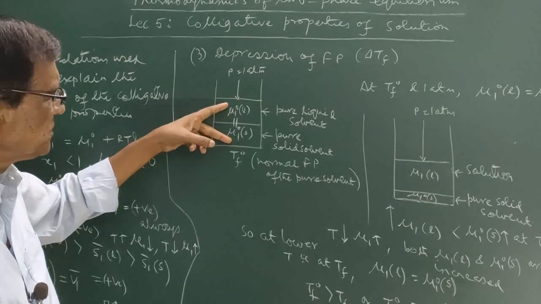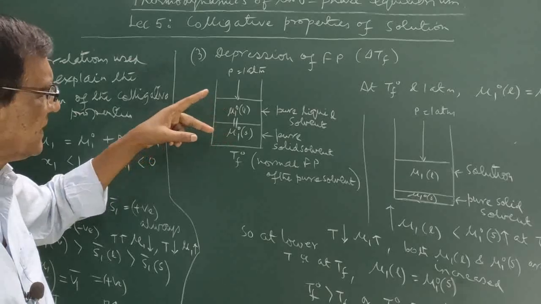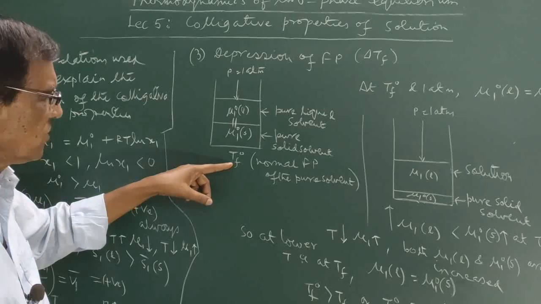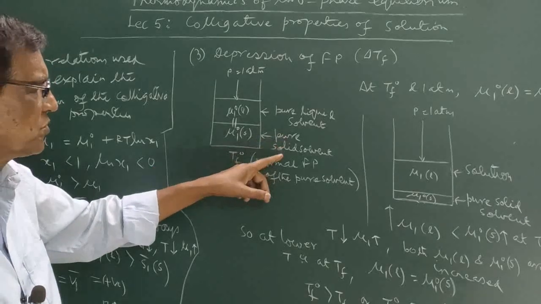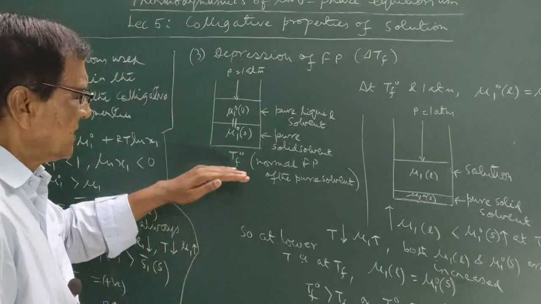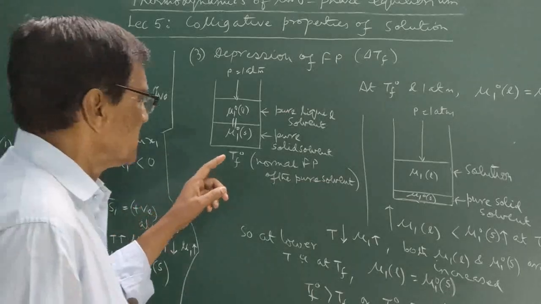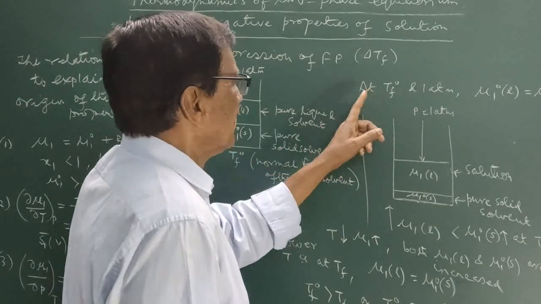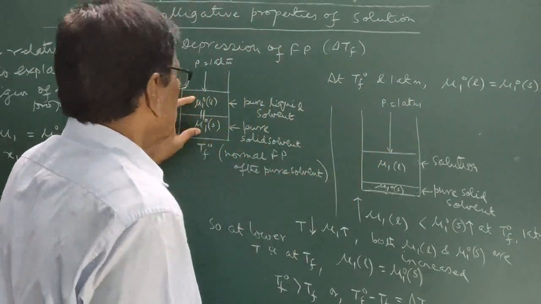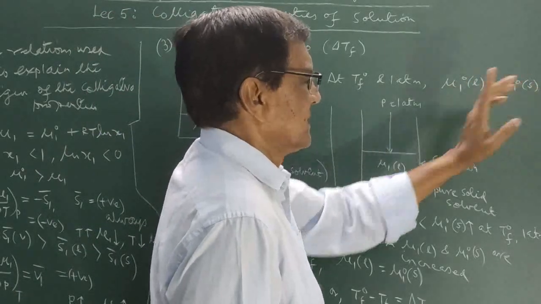Whenever the chemical potential of the solvent in two phases is equal, it is in equilibrium, and this temperature is called the freezing temperature of the pure solvent. When the pressure is taken as 1 atmosphere, this is called the normal freezing point of the solvent. At this normal freezing point, at temperature Tf naught and 1 atmosphere pressure, these two become equal, meaning mu1 naught L equals mu1 naught S.